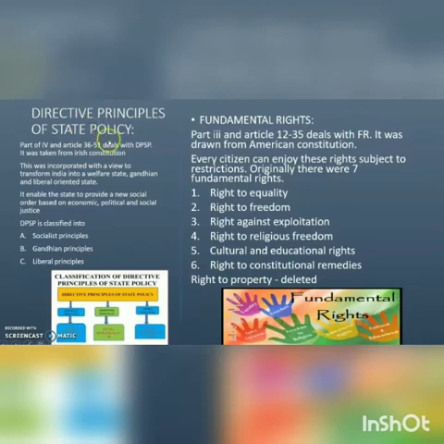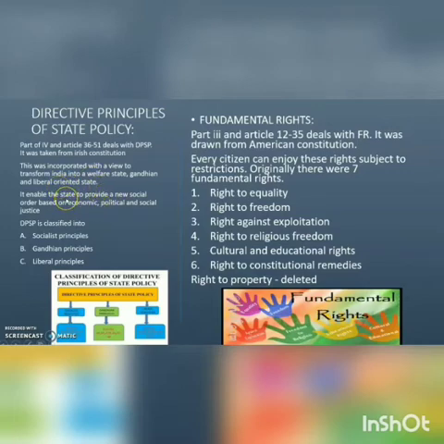Why were the directive principles created in the constitution? They were incorporated to transform India into a welfare state, a Gandhian state, and a liberal oriented state.